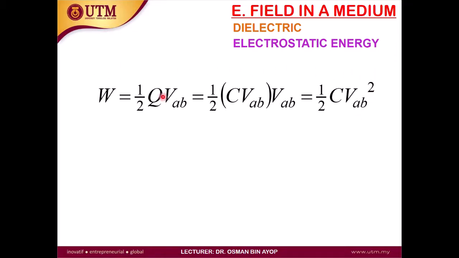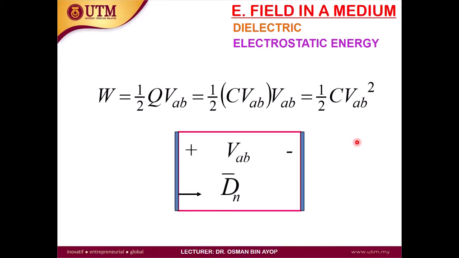Using either this expression or this expression depends on what information you have from your question. So this is our VAB across the capacitor, and this is the direction of dn.